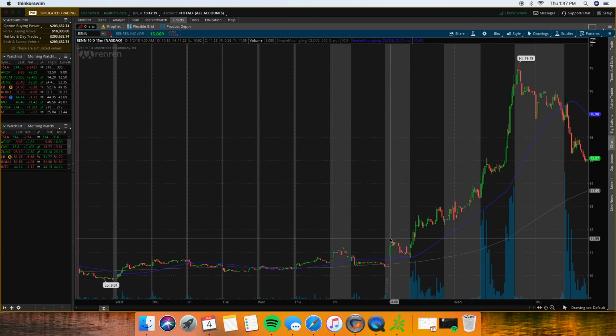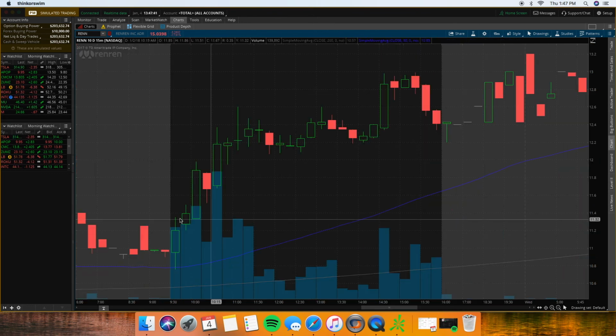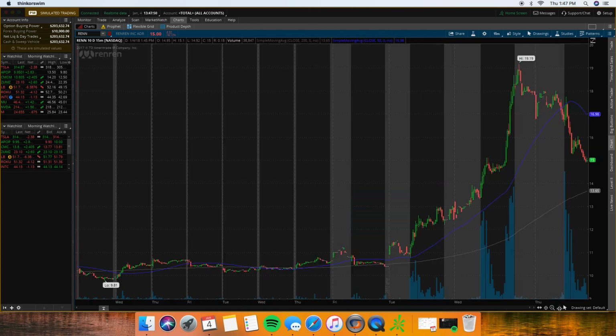As you notice on here, it came right up to the $12 mark right here, pulled back and actually kept going. So this whole area right here, anything above the $11 mark is basically just breaking out. The support is somewhere down here around $9.81, and basically right around the $10 mark.